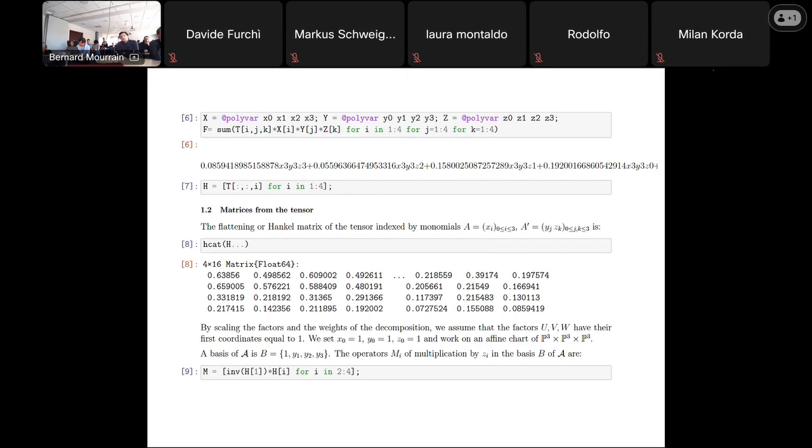The slices here are the Hi, but it's coming from this flattening associated to our tensor T, where we use variables xi, 0 to 3, to index the first index, and then yj for the second index, and zk for the third index.